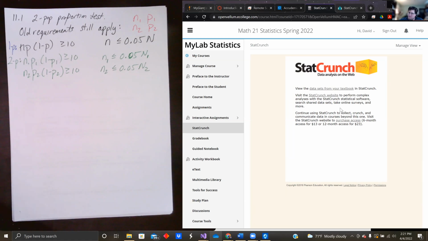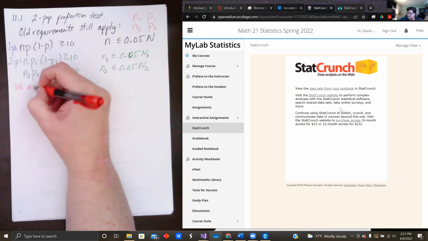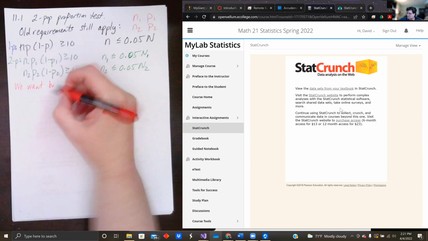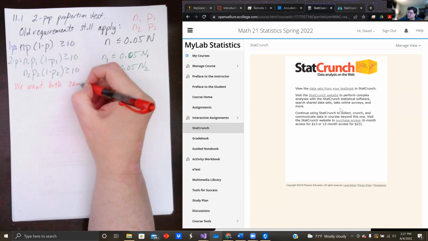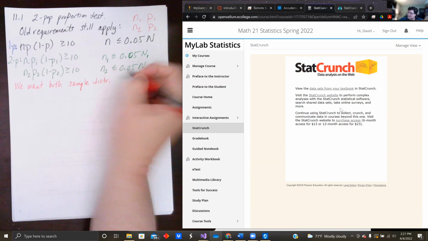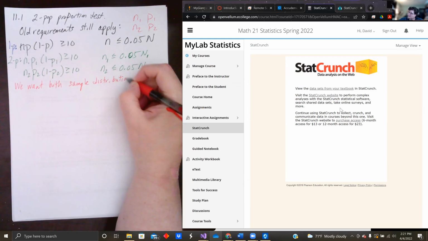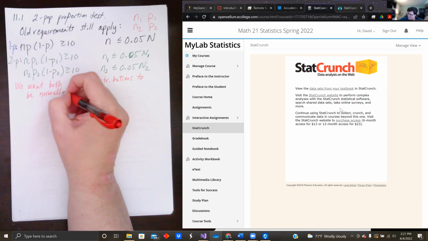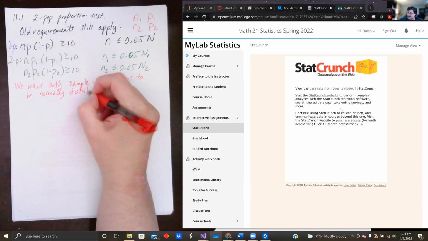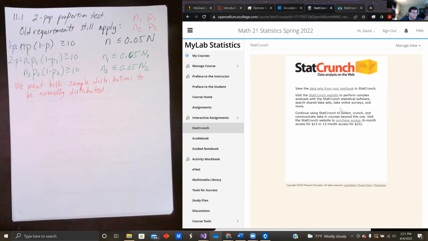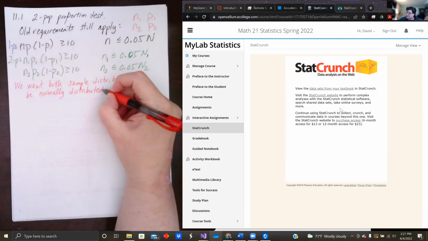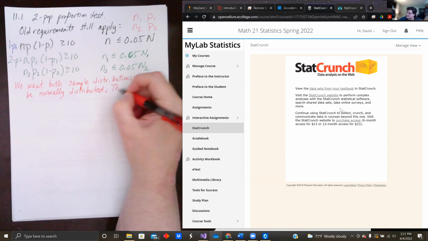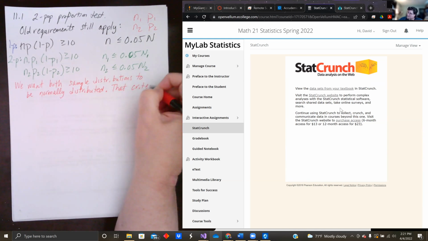The reason we wanted that is we still want both sample distributions to look normally distributed. When we have those situations, then they're approximately normal, so that criteria makes them approximately normal.